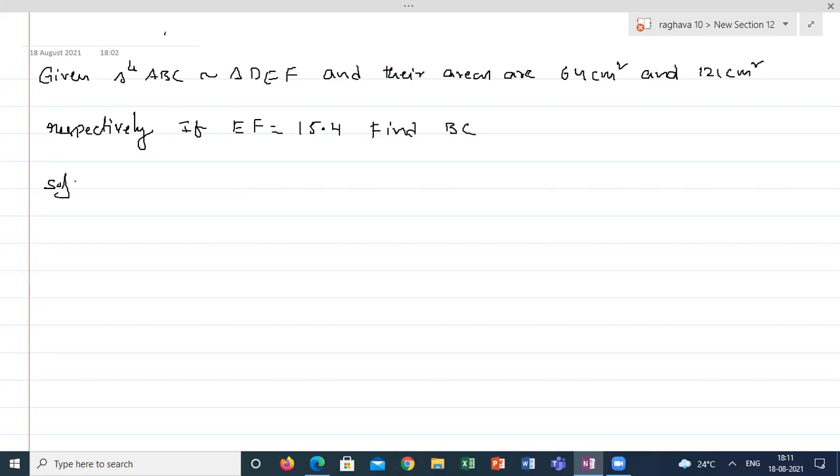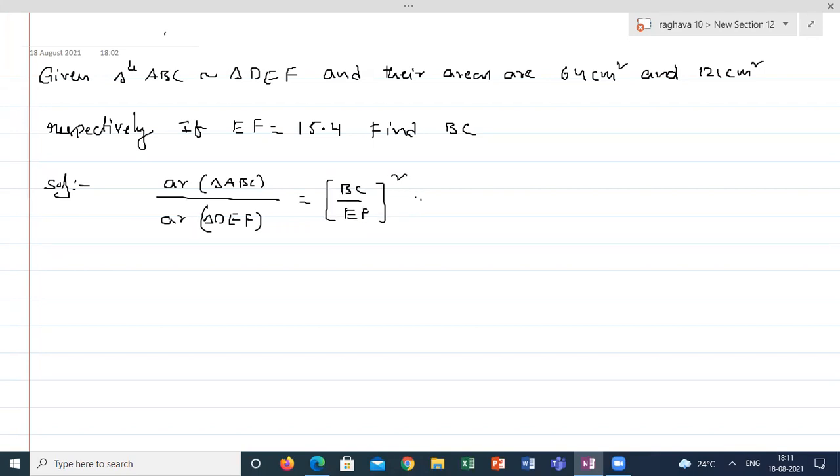Please solve this question and let me know what the answer is. Area of triangle ABC divided by area of triangle DEF is equal to BC by EF whole square.